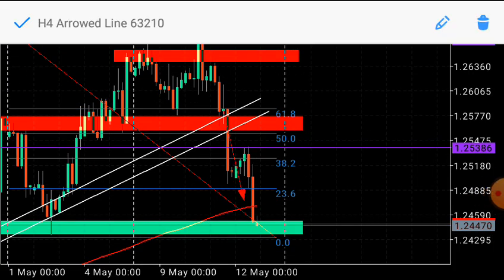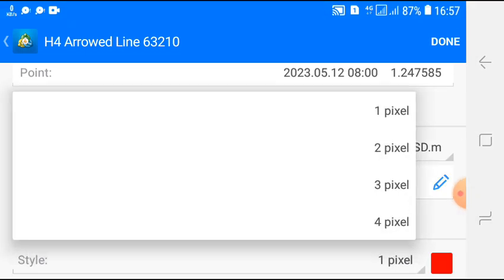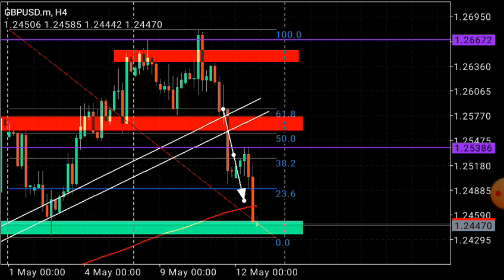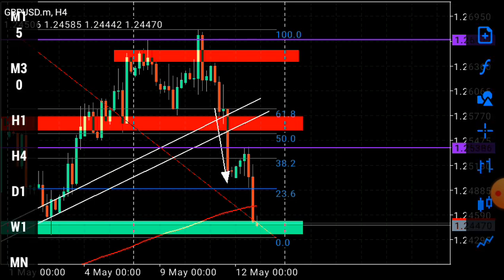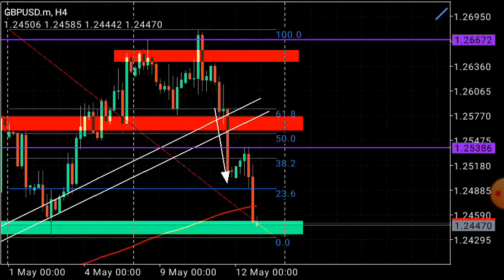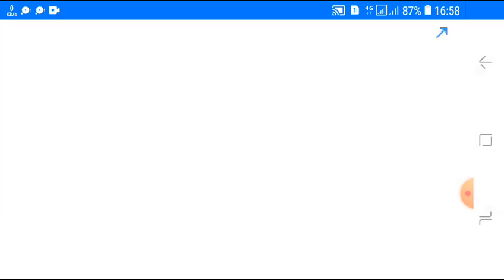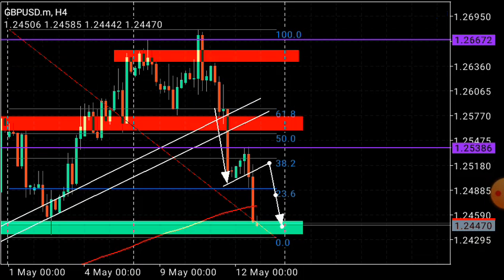Let me just change this to white. Okay, white. So after price breaks out of the first leg of the trend, we will see price doing this, correcting, and then from there we'll see price continuing.